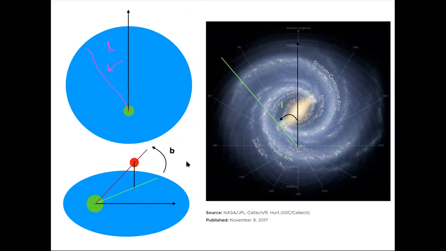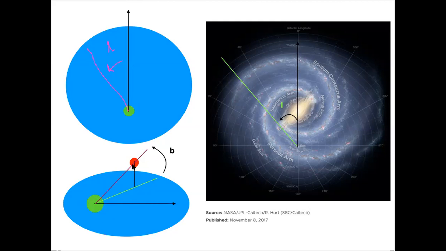The other coordinate that you need to specify tells you how much this object that you are looking at is off the galactic plane. Again, I have drawn the galactic plane here, but now looking from the side. This is the same line that I have drawn here. It goes through the sun and the galactic center. This is the angle L that we are talking about.